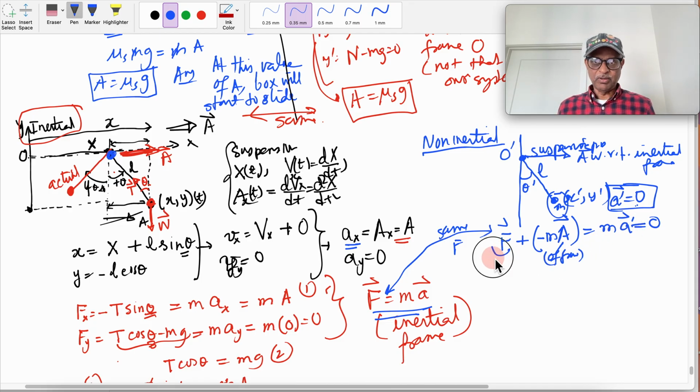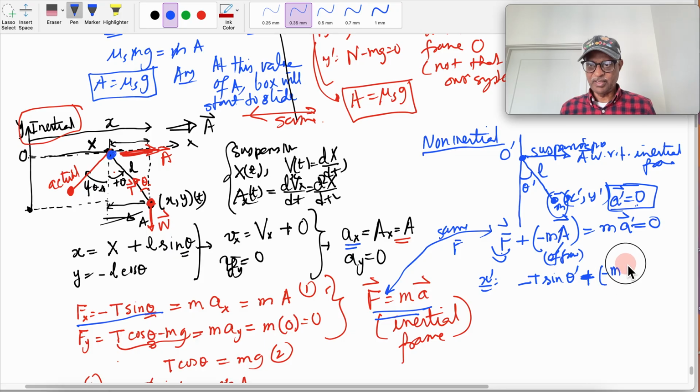So we already have F. Just look at the X prime part. It's going to be minus T sine theta prime, the same way, since the geometry is set up the same way, so everything comes out the same. Plus minus mA, where A_x is the same as A because of the way it's all set up.